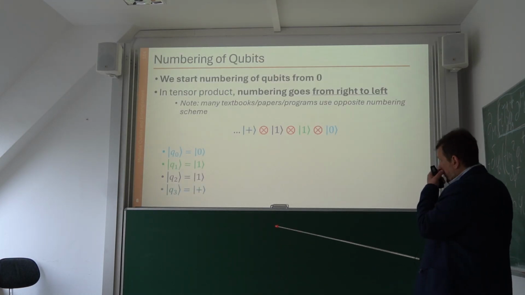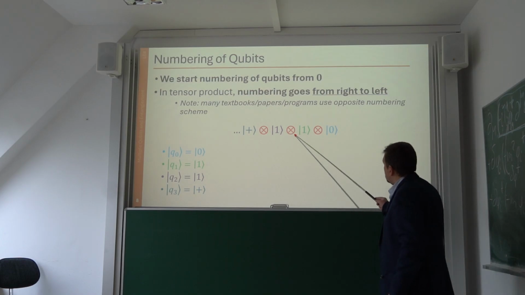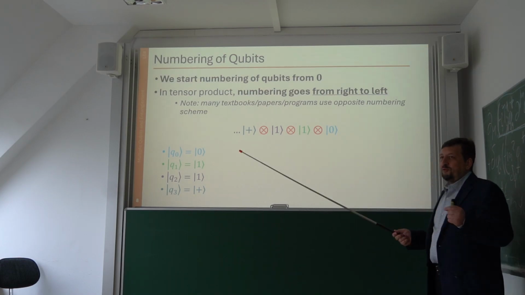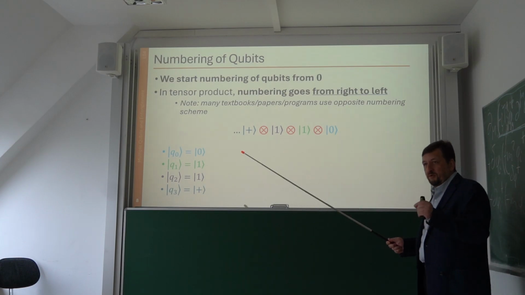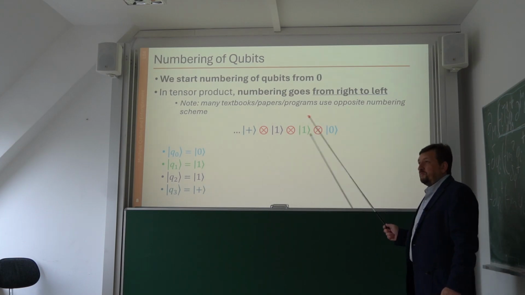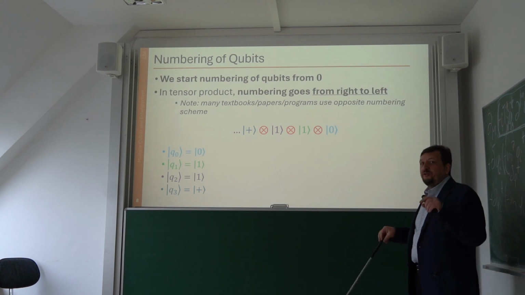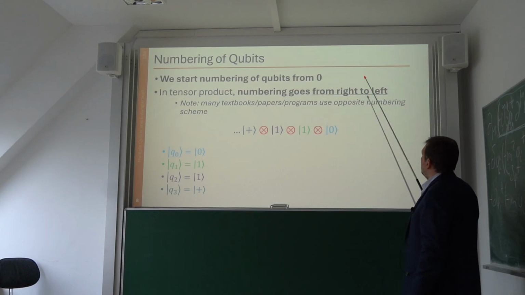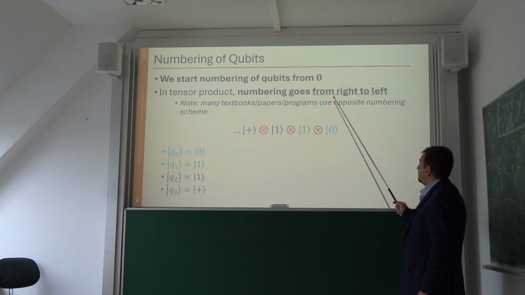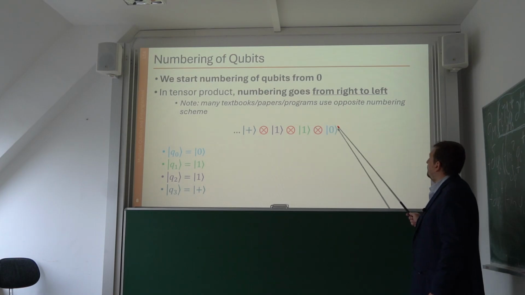And now I can write just 1 term, so it's much more compact and understandable. One important note: when we have such an expression for qubits, where is qubit 1, where is qubit 2? There are different ways how qubits can be numbered in such notations, and different sources use different types of numbering. This is something to remember when you read papers or work with programs, because it differs. So we will be numbering qubits from 0, starting from right to left.